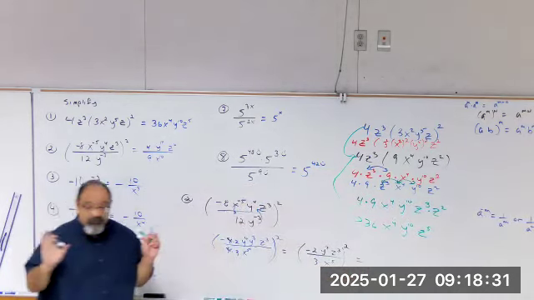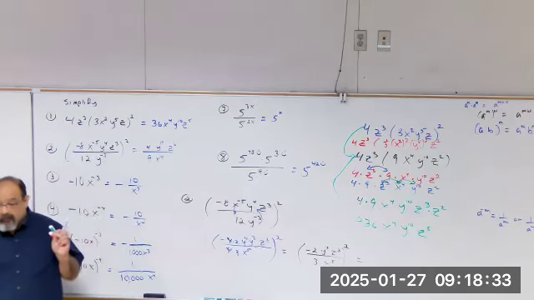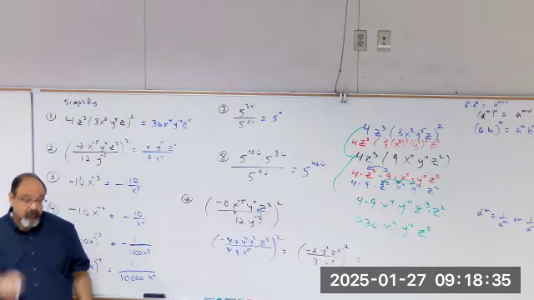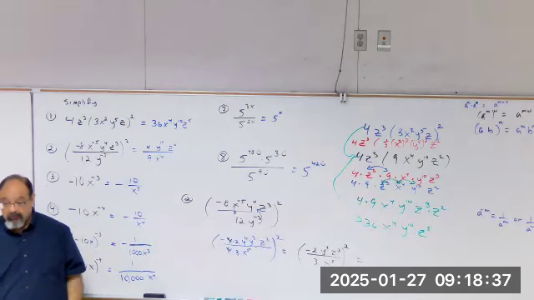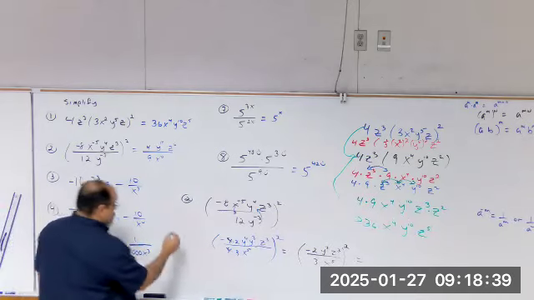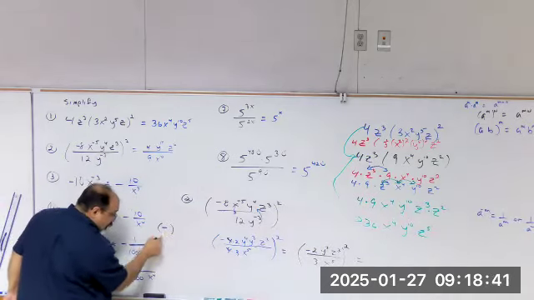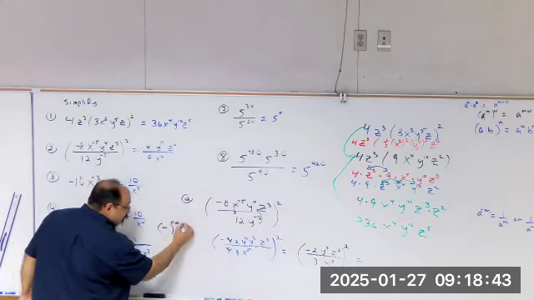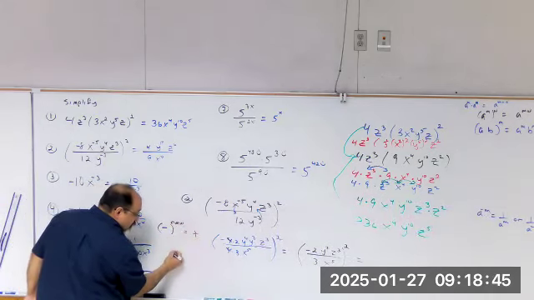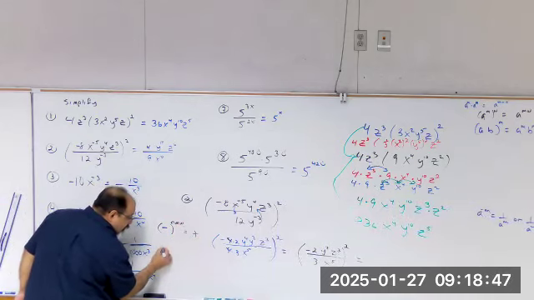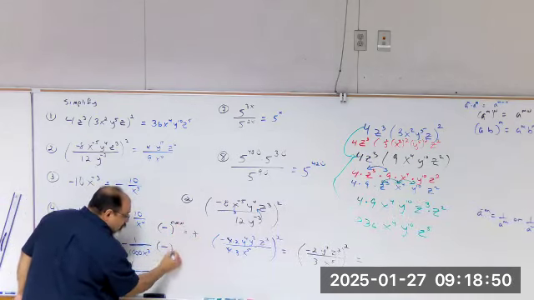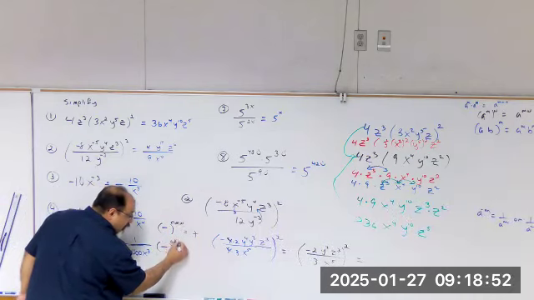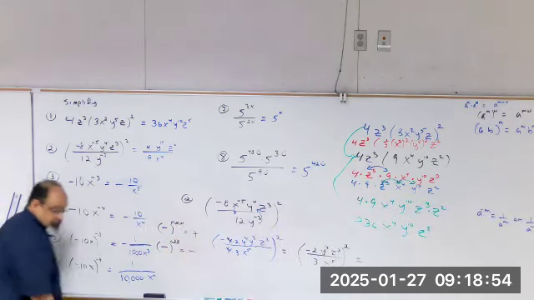Now I don't have to worry about the sign, because it's in the parentheses raised to an even number. A negative in the parentheses to an even equals a positive. If it's a negative in a parentheses to an odd, that's a negative.